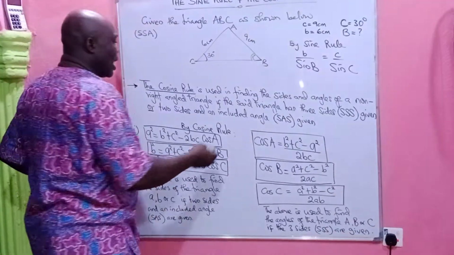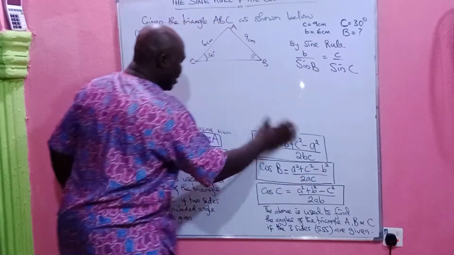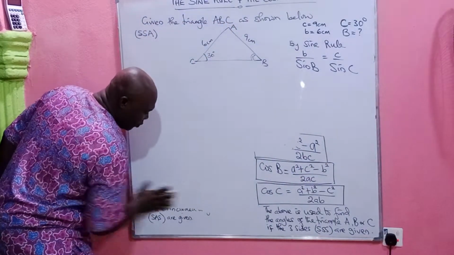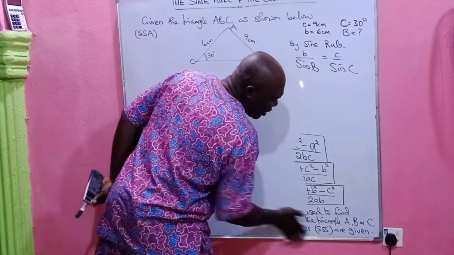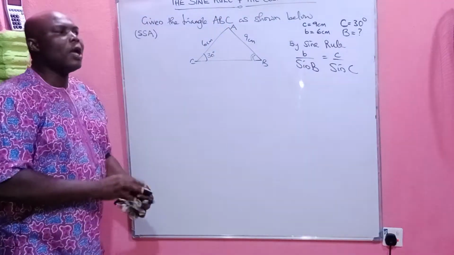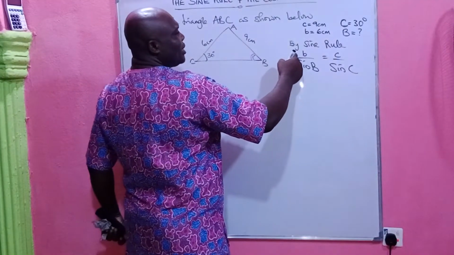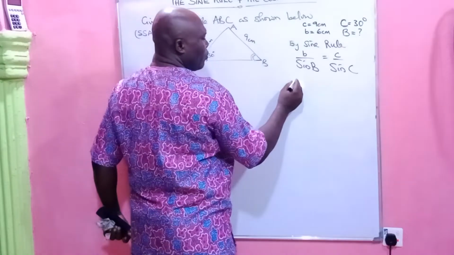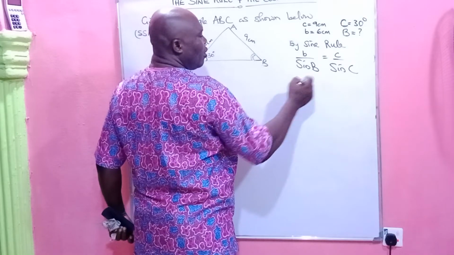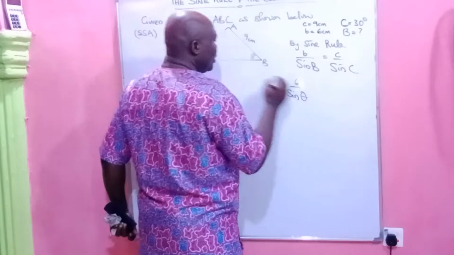So let's see how we can do that. How do we use that to now solve a problem, the sine rule? Please watch carefully. It's very important. If you know this very well, it will be very easy for you to solve problems that involve bearing and distances. So how do we do this? Small b now is given as 6 all over sine angle of B, which is sine theta, because it's the one we are looking for.